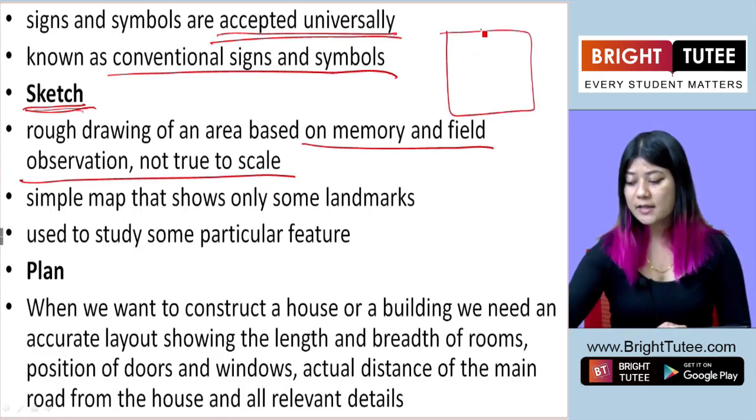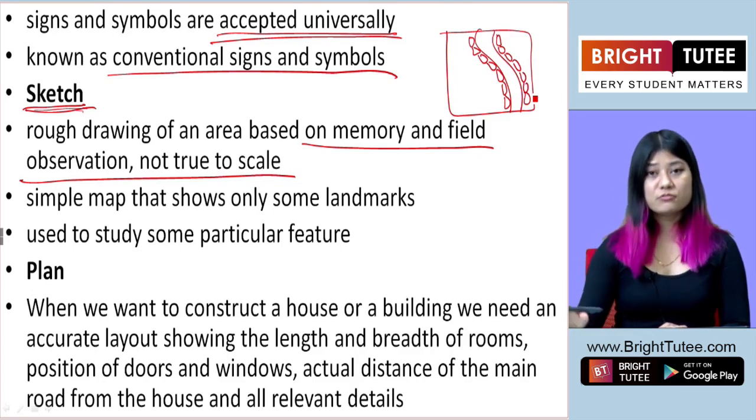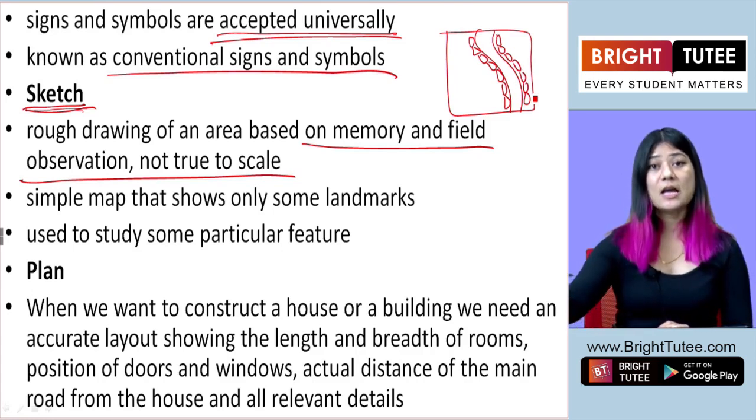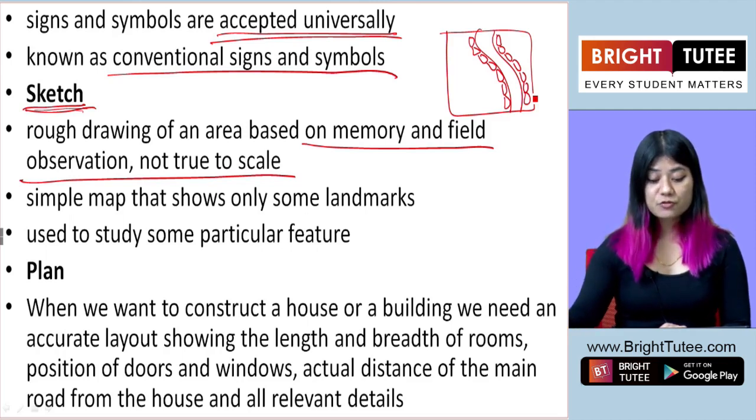Okay, you say there was a canal flowing at the center of that area, and the slums were located on the banks of the canal. So on the basis of observation and your memory, not true to scale, these are not exact length or exact distances, okay, but you draw a rough sketching.